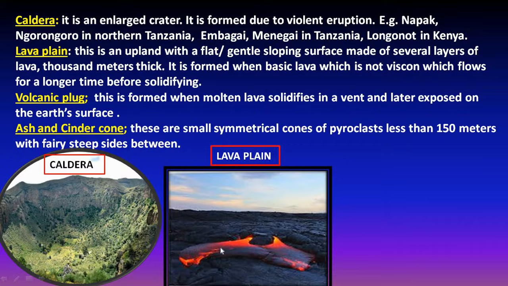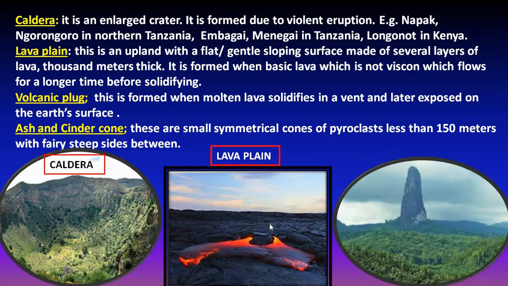You can see it is still red. This other black one has already cooled down. So this extensive area of lava is what we call the lava plain.